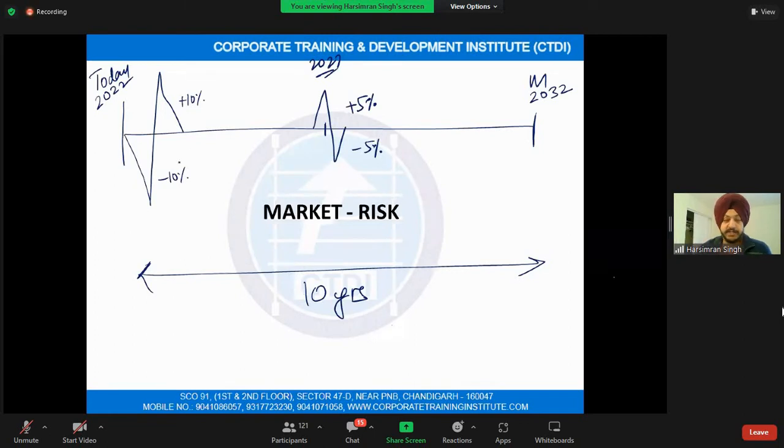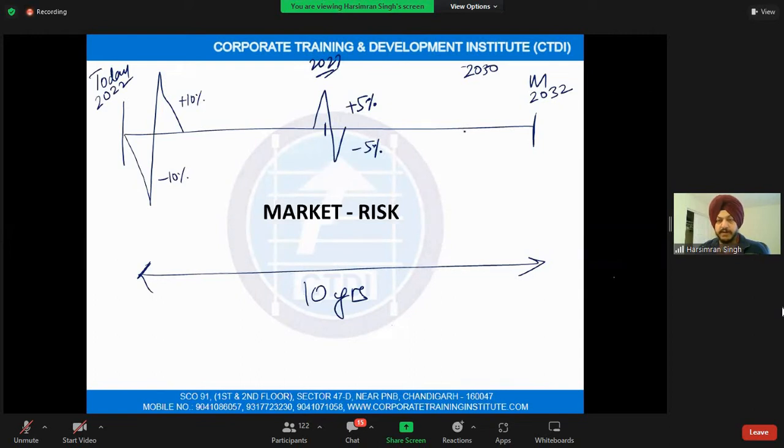So if the duration is 10 years and change in yield is only 1%, the fluctuation will be by 10%. If the duration is 5 years and change in yield is 1%, fluctuation will be 5%. In year 2030, now how much time is left to mature? 2 years.